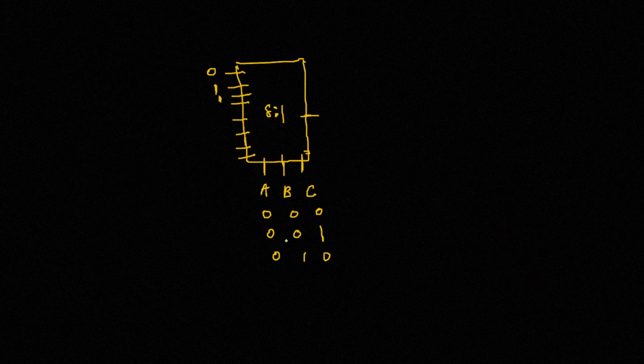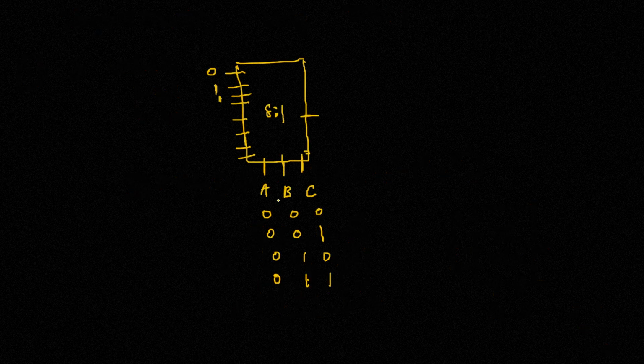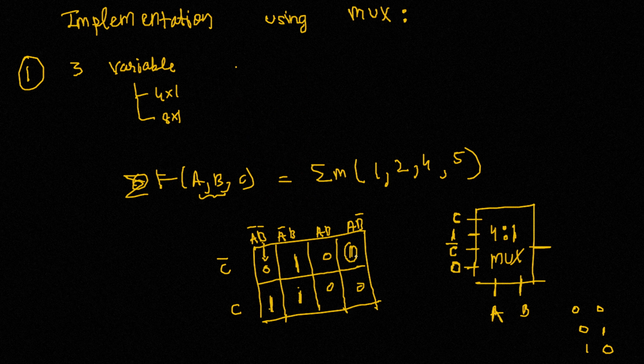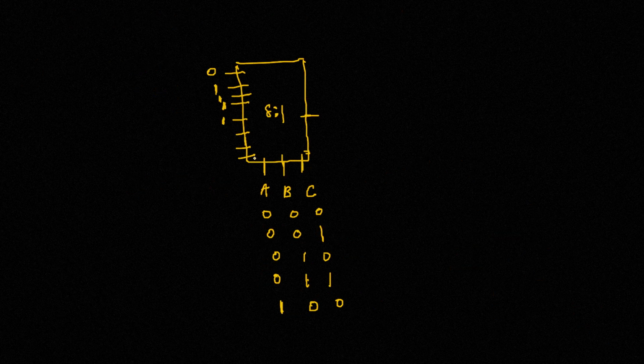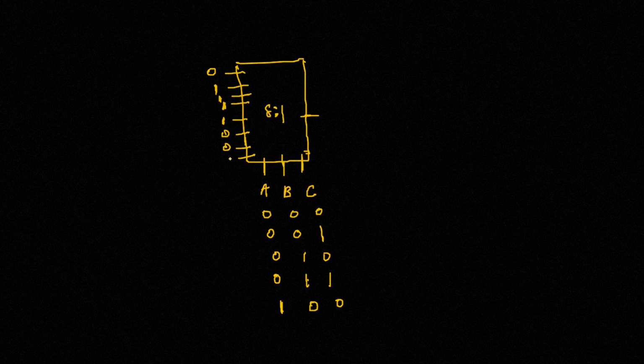Then we see A complement, B, C, which is again 1. Then we have 1, 0, 0, which is A, B complement, C complement, and that is again 1. You can see the rest of them are all zeros. Let us just write it down. This is how we implement a 3 variable system using an 8 cross 1 mux.